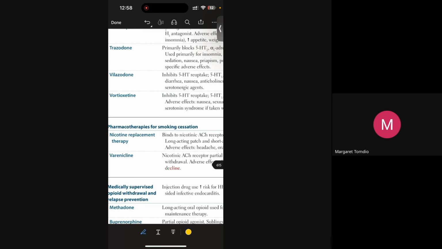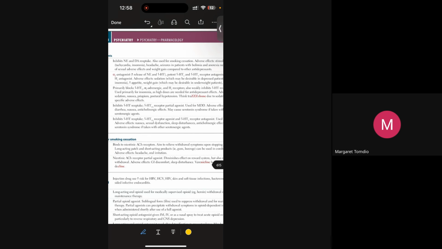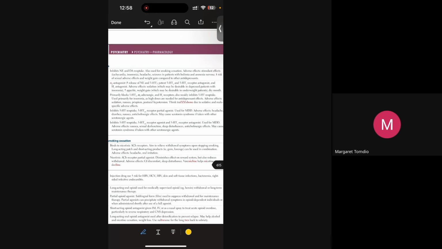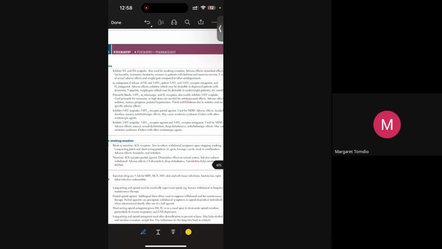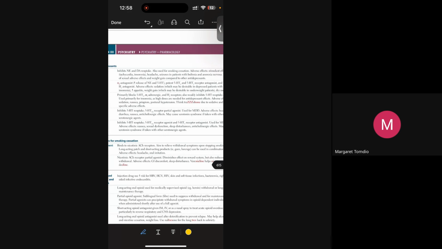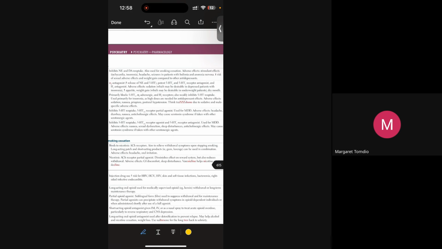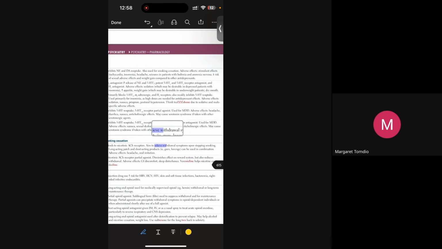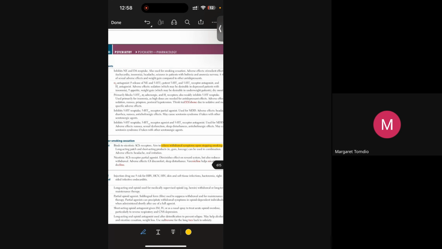Pharmacotherapies for smoking cessation: one is nicotine replacement therapy, and one is varenicline. Now read carefully. Nicotine patches bind to the nicotinic receptor and aim to relieve the withdrawal symptoms upon stopping smoking.